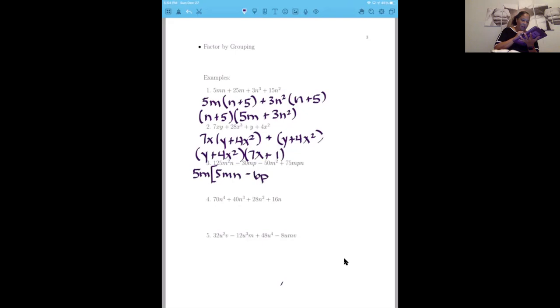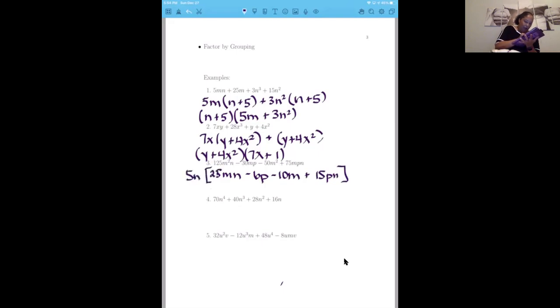And from the next term, I have a negative 10m. And from the last term, I have a plus 15pn. Now, whoops, this should be a 25. I have a mistake.